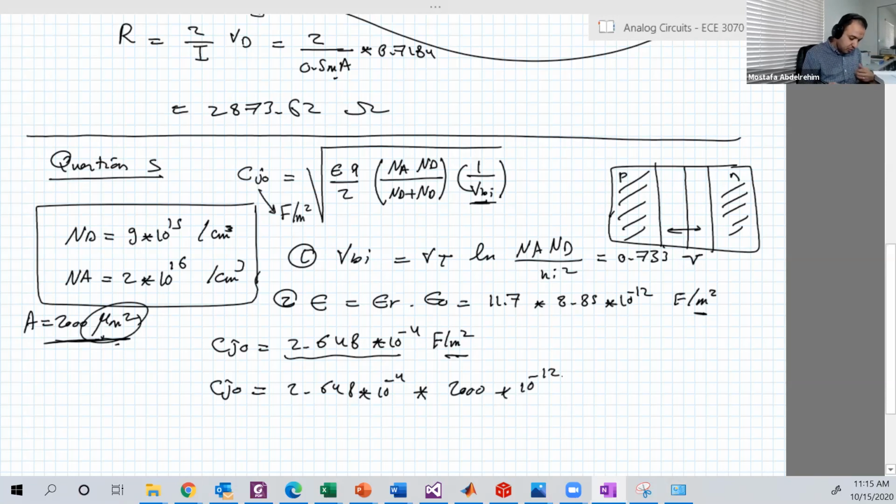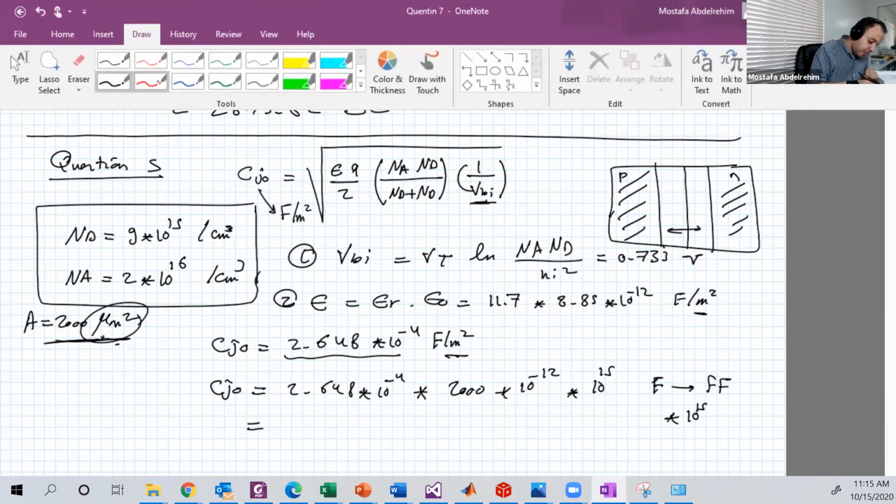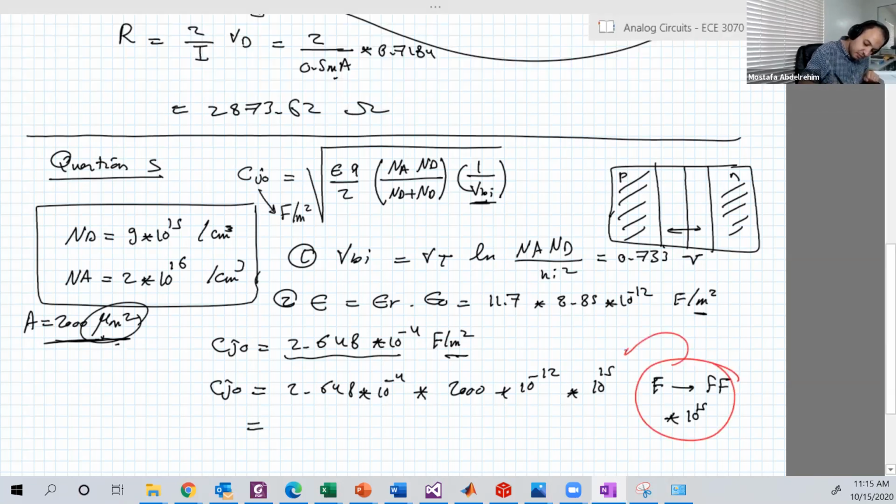Micro is 10 to the power minus 6, and you have micrometer squared, so 10 to the power minus 12. And to convert from farad to femtofarad, you should multiply by 10 to the power 15. So this is the conversion, and this is the area, and this is the value here.